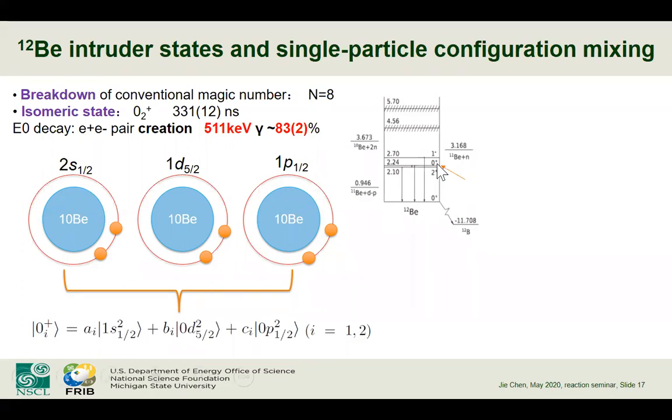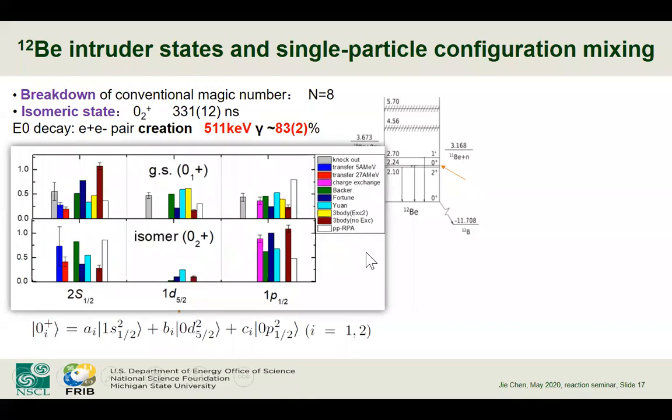For these two states, the ground state and the isomeric state, using the configuration mixing theory, we can write their wave functions in the following form, with the last two neutrons outside the beryllium-10 core occupying the s1/2, d5/2, or p1/2 orbital.